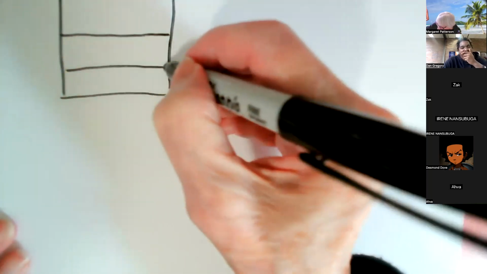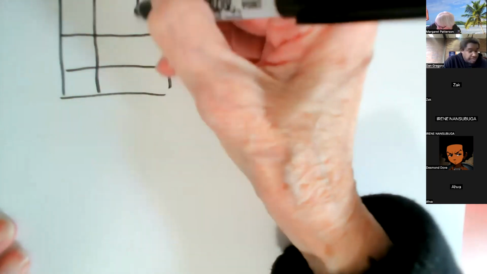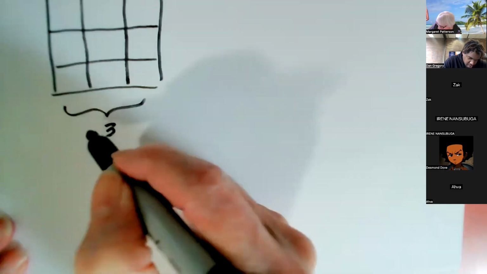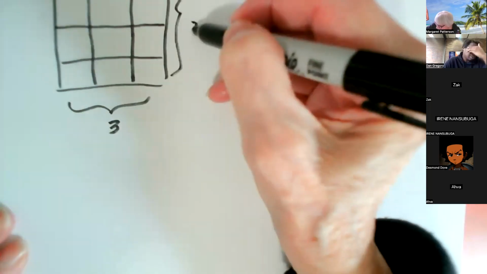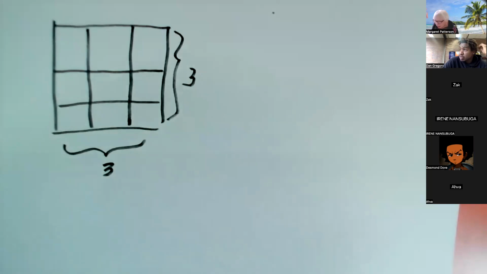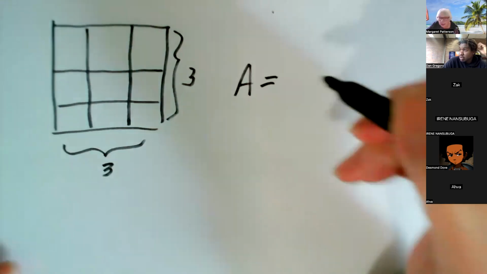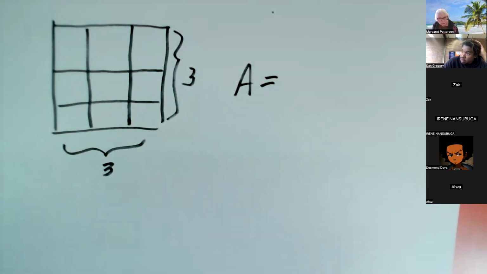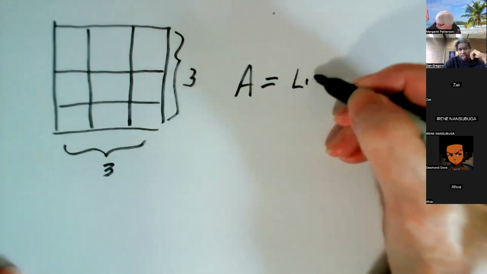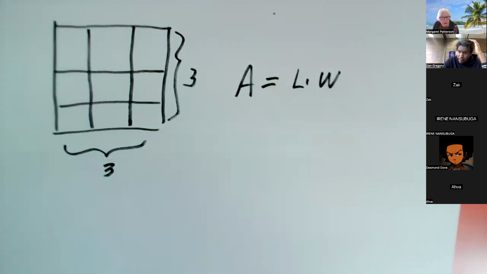Now, if for some reason they said, okay, well, this is a square. If this was 3 and this was 3, and they said, okay, we want the area here. How much? 9. So the formula, you could use this formula because a square is actually a rectangle.